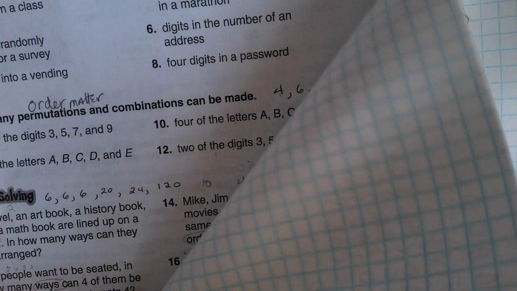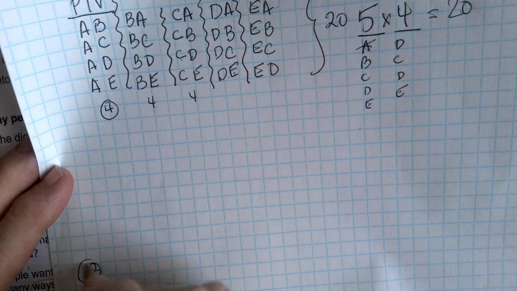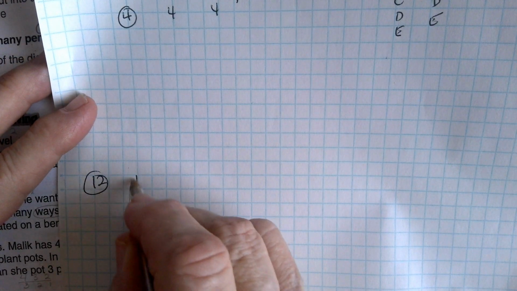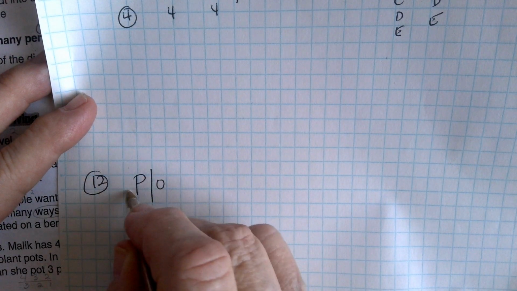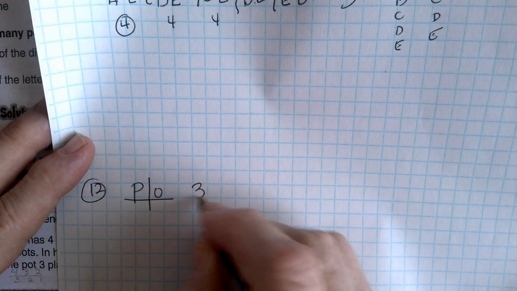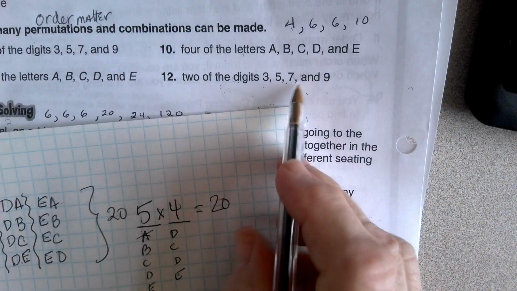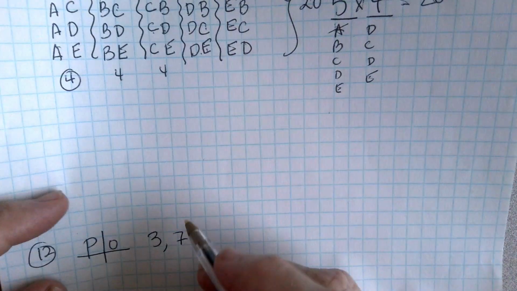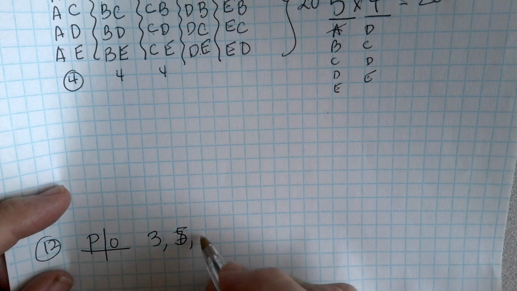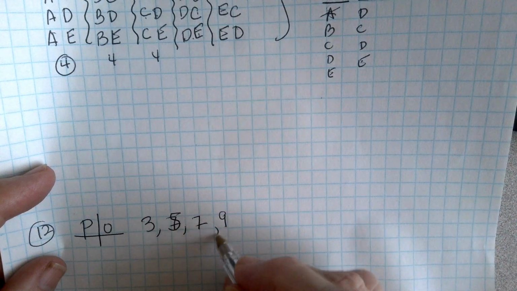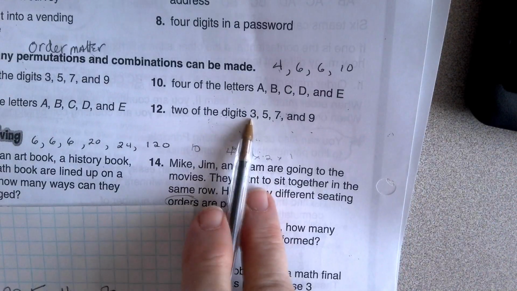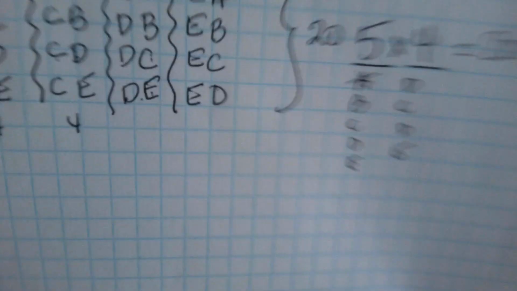So on number 12, I'm going to say pitcher and outfielder. And we've got jersey number 3, jersey 7. I'm sorry, I skipped the 5. Whoops. 5, 7, and jersey 9. 3, 5, 7, 9. Okay.